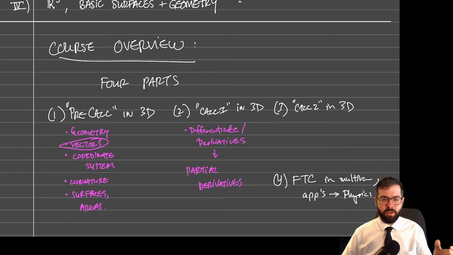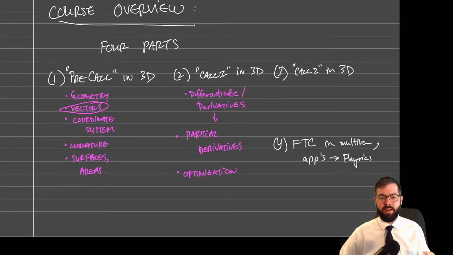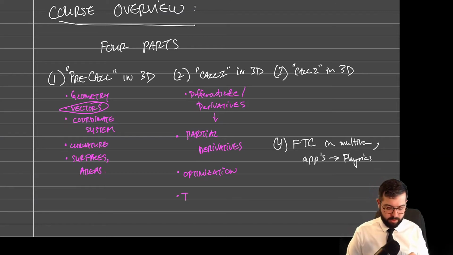So we look at the notion of derivatives, partial derivatives, and then optimization. And the tangent line approximation, right, becomes the tangent plane approximation.